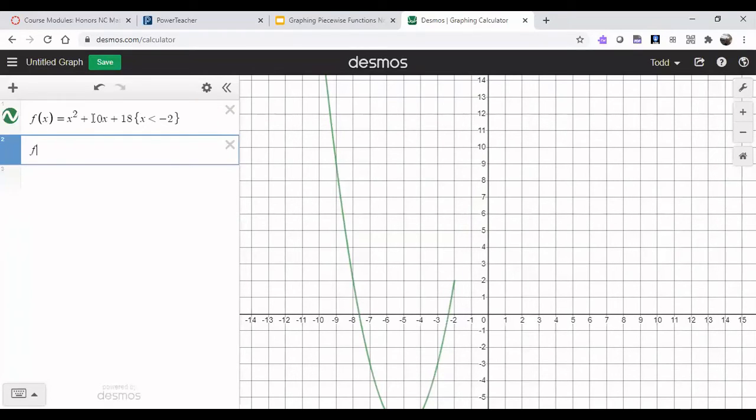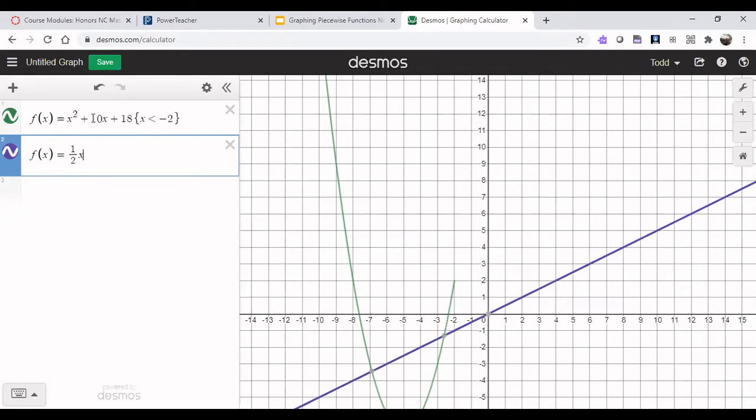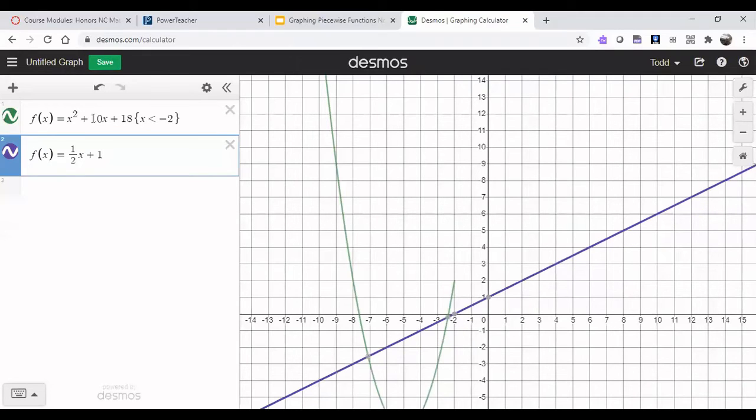And then f of x equals 1/2 x plus 1. They wouldn't be continuous anyway if you can see that they're not. But when x is greater than or equal to +2. So there's no doubt because of this gap that those are undefined.